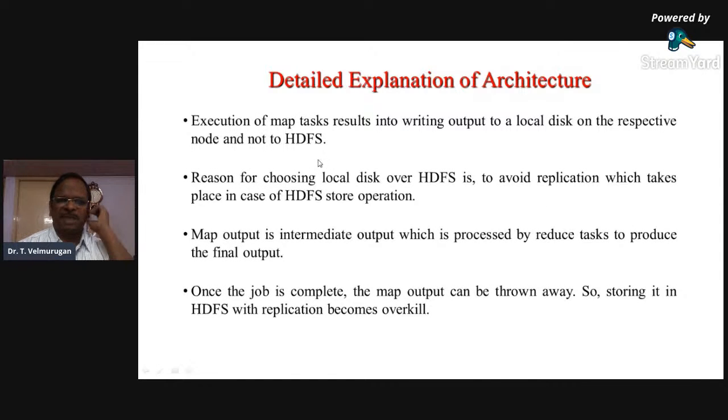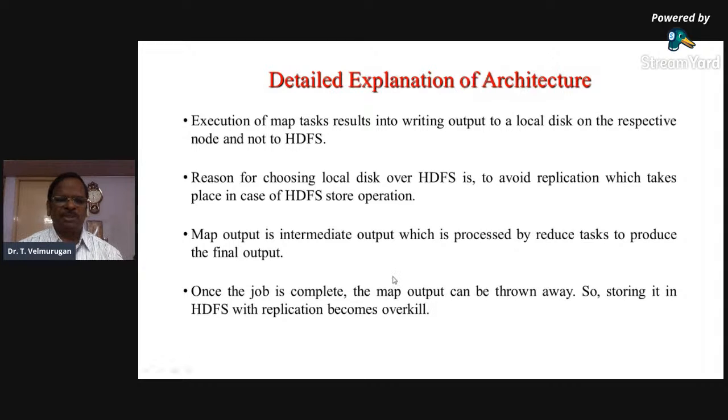Execution of a map task results in writing output to a local disk on the respective node and not to the HDFS. So map output is stored on the local node. The reason for choosing local disks over HDFS is to speed up the process and to avoid replication, that is, multiple stores of the information.